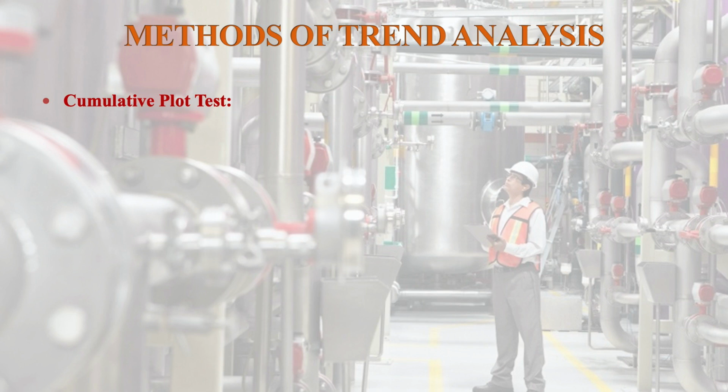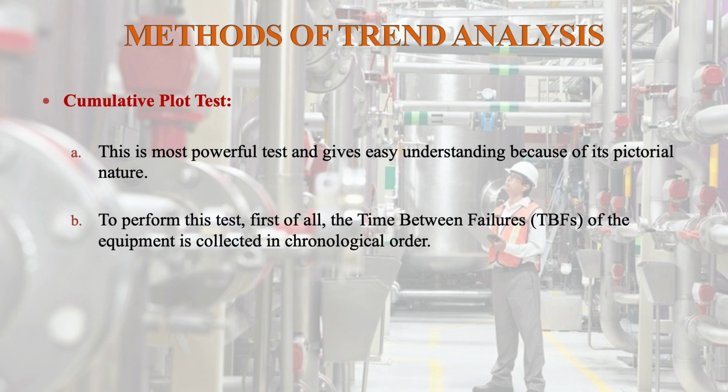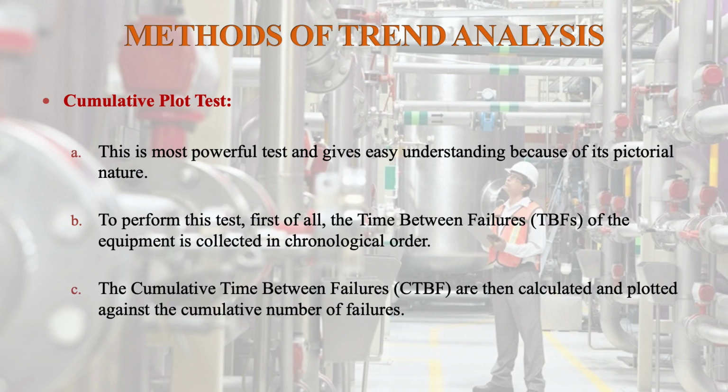Cumulative plot test. This is the most powerful test and gives easy understanding because of its pictorial nature. To perform this test, first of all, the times between failures of the equipment are collected in chronological order. The cumulative times between failures are then calculated and plotted against the cumulative number of failures.